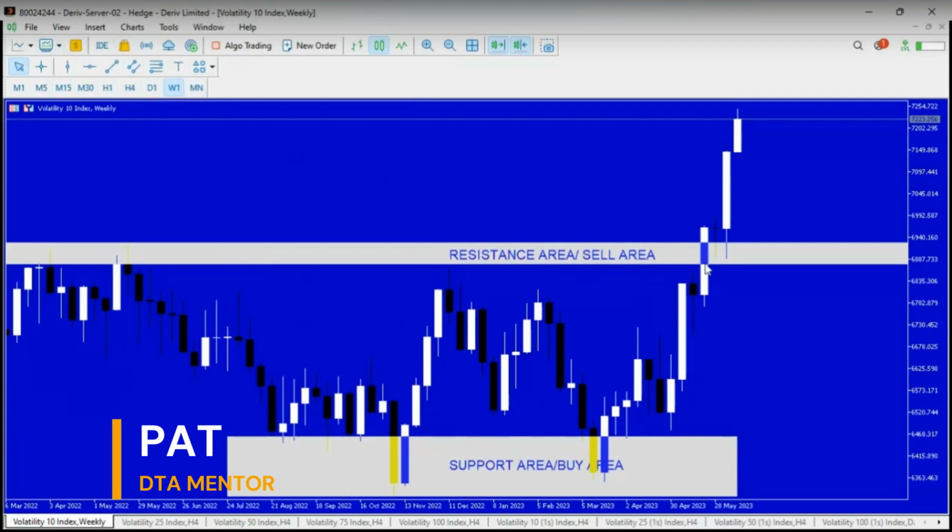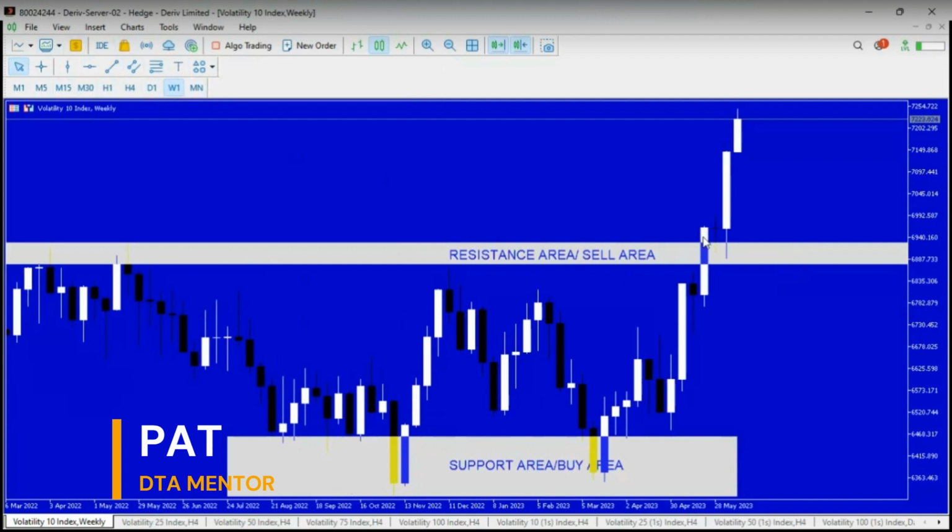So what happens now is that when the market touched this zone, it did not only touch it, it also penetrated. It went through this zone. Hence, there is this portion that was, I think, 2 weeks back.